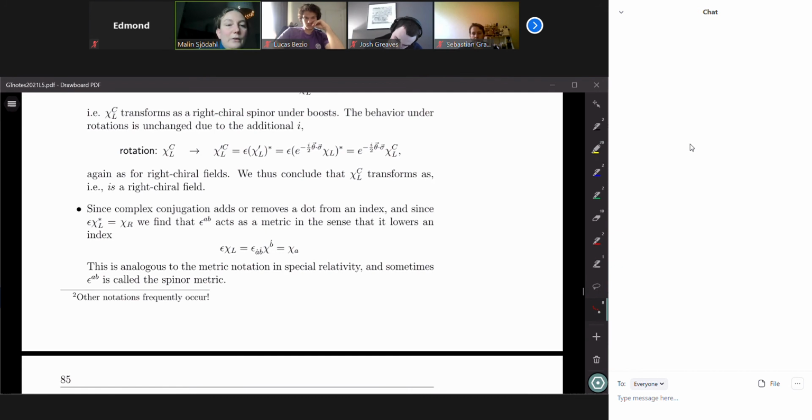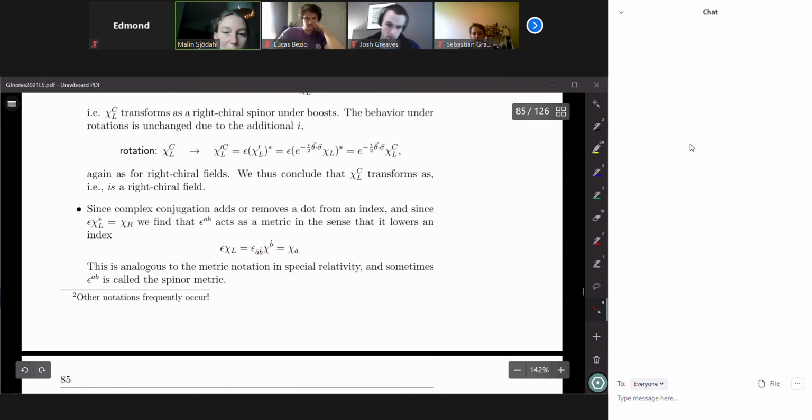Okay, and also since complex conjugation adds or removes a dot from an index, and since we see that epsilon chi L star is chi L, we find that the action of epsilon AB must be to raise or lower an index. So epsilon chi L, well, I have here my upper dotted index. So if I act with it, it should be with something with matching index position. So I must put this in the lower place.